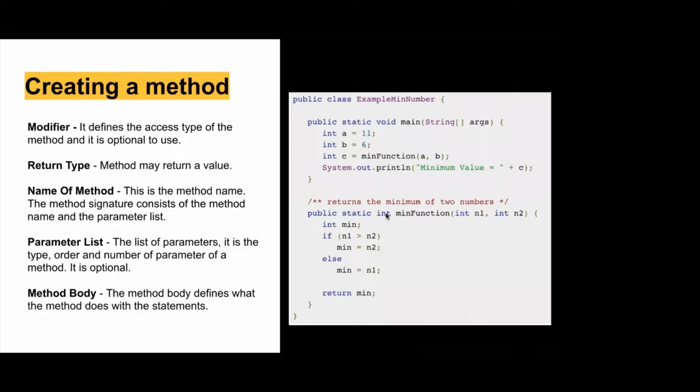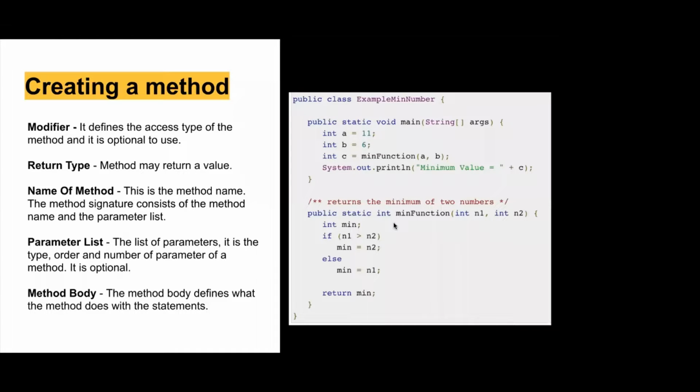So, and the third part is the name of the method. In this case, it's main function and the parameter list. So in the parameter, we can have some variables to pass to receive the numbers or the reference, or we can have nothing.